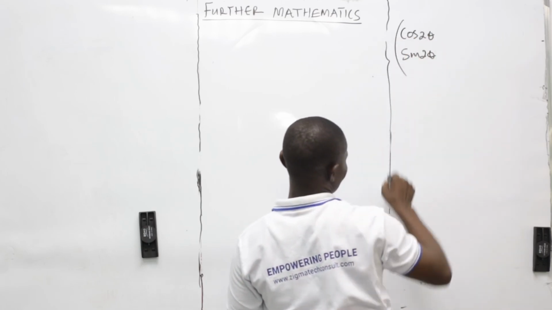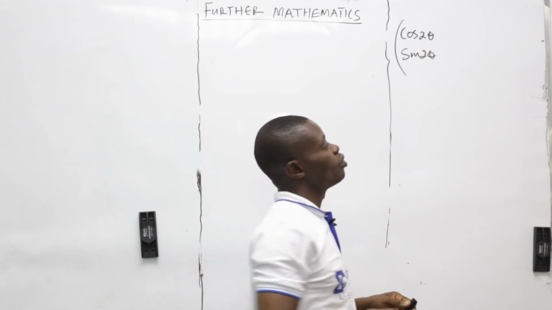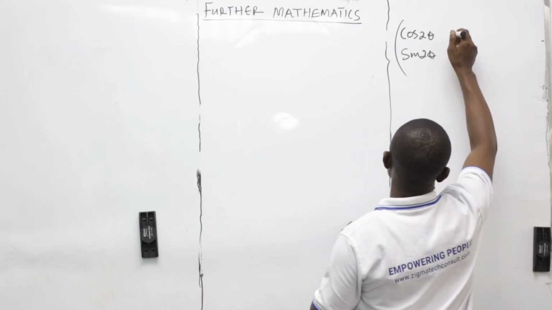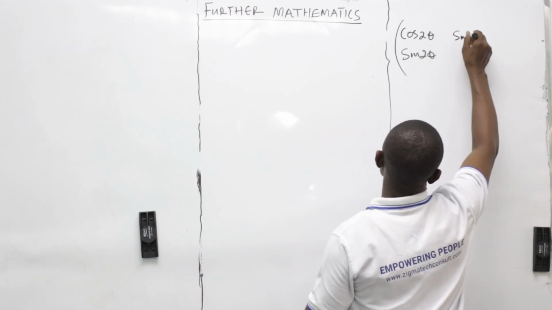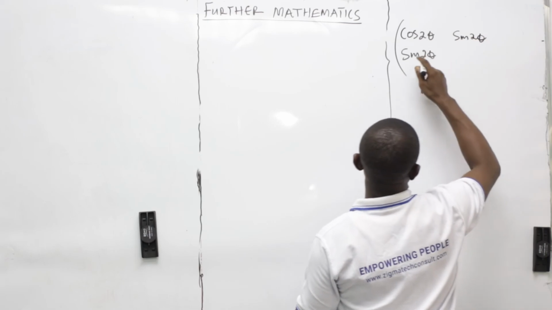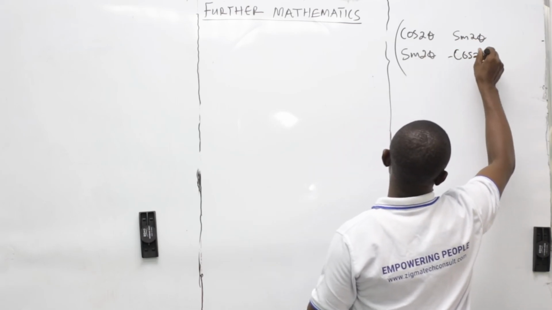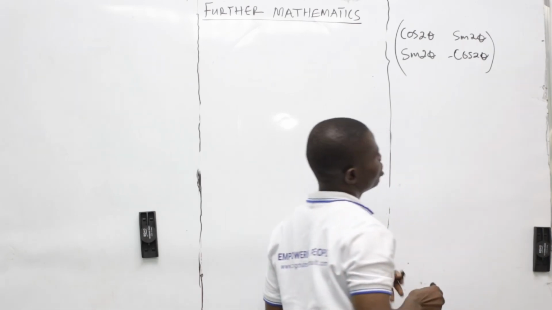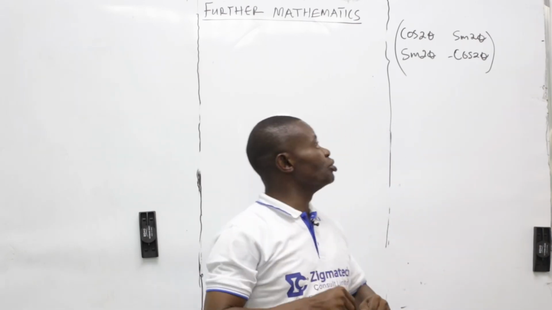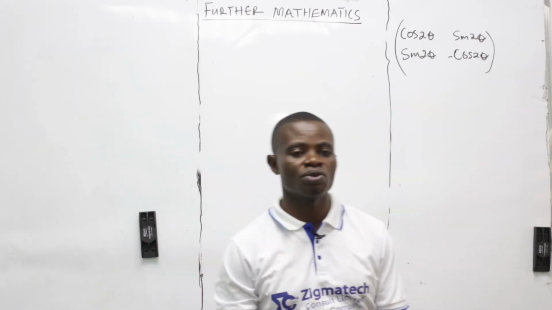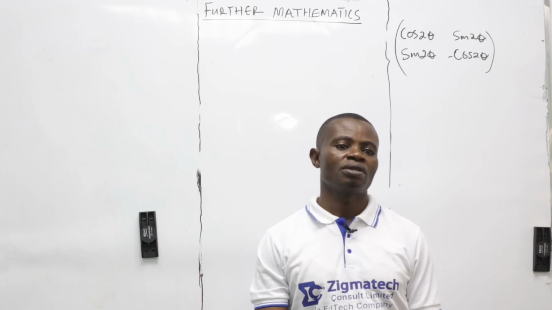Under reflection, we are dealing with integration. When we integrate cos theta, we'll have sin 2 theta. When we integrate sin theta, we'll have minus cos 2 theta. Whichever angle is given to you, this is the formula you're going to use. We don't use a diagram in this.